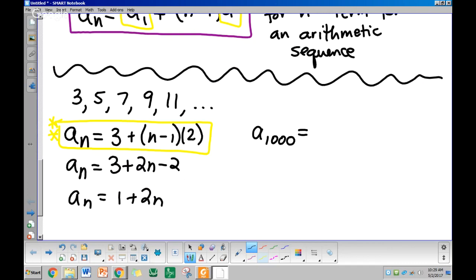So this would be 3 plus 999 times 2, which is 2001? Yep. Because that's 1998 plus 3. So now that was a lot easier, I think, than writing out all of that madness.